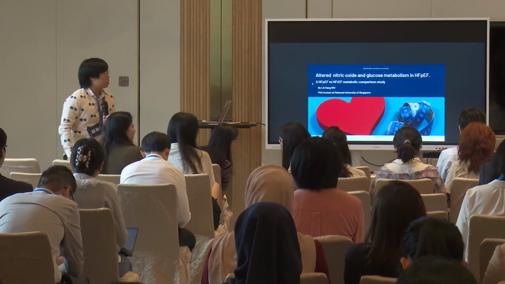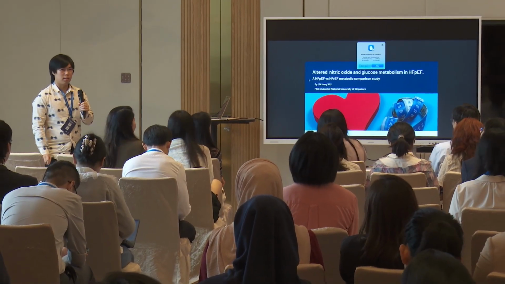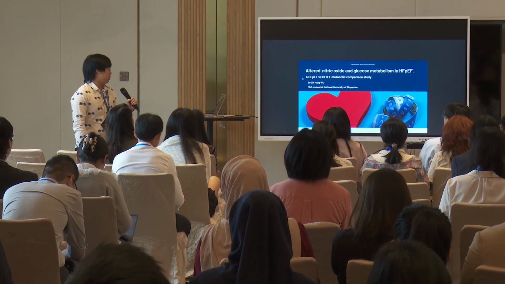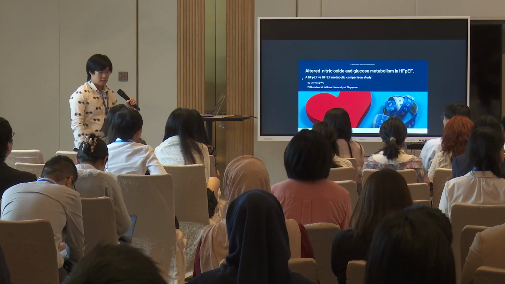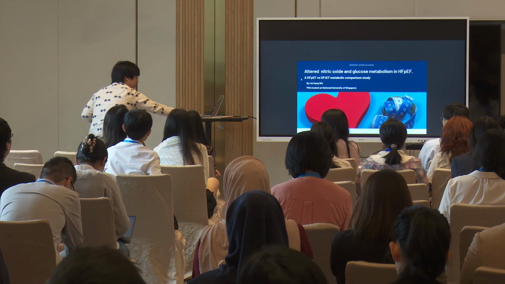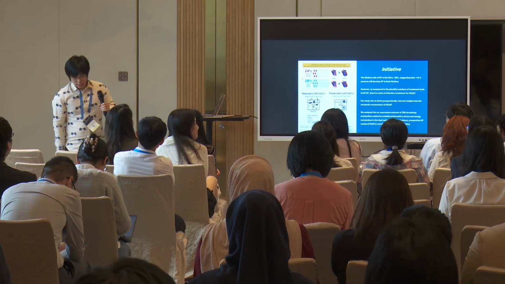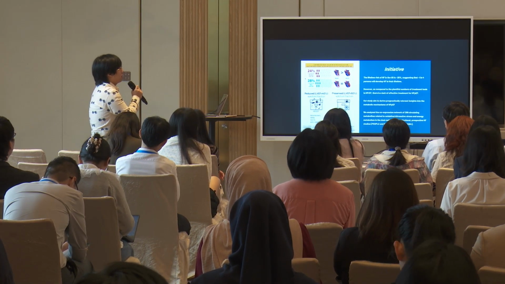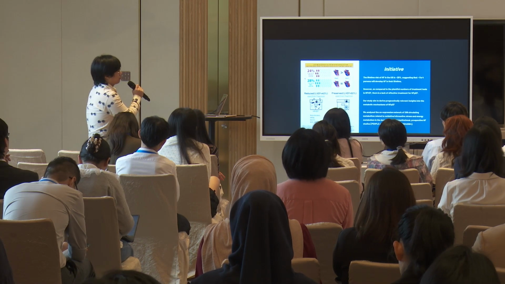So I'm a student from NUS working in Chester Drum Lab, and I'm talking about heart failure today. If we classify heart failure according to ejection fraction, there are reduced ejection fraction and then preserved ejection fraction.